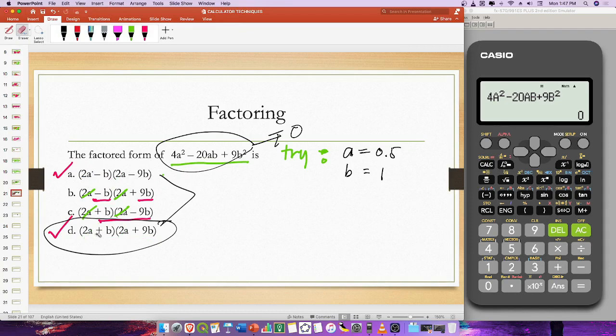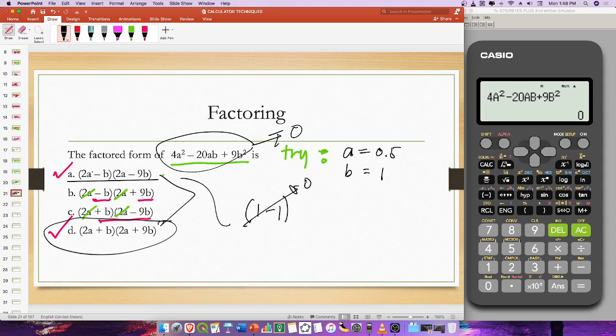Okay, A is 0.5. Take note of that. Now let's just use this one. The answer should be 0. So when A is 0.5, this will be 1. B is 1, that's 1.